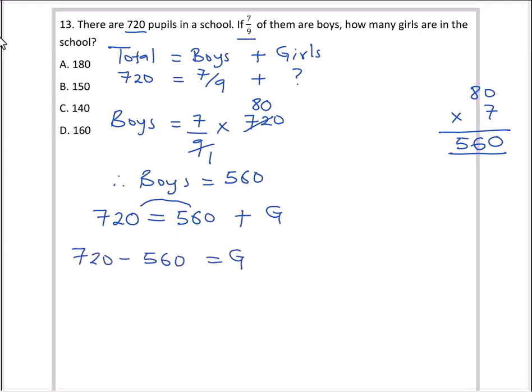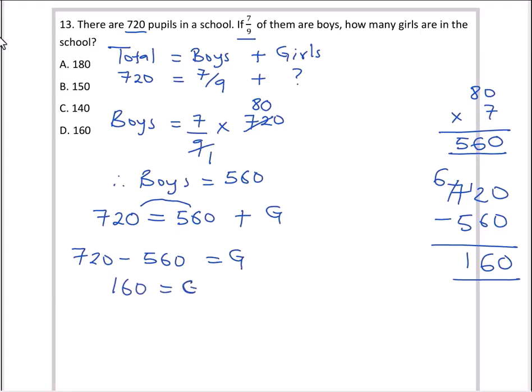So let's do that. 0 minus 0, and then 2 minus 6 cannot work, so we take 1 here, making this 7 remain 6, and this becomes 12. 12 minus 6 is 6, 6 minus 5 is 1, so we have 160 for girls. So therefore girls is equal to 160, and that's option D.